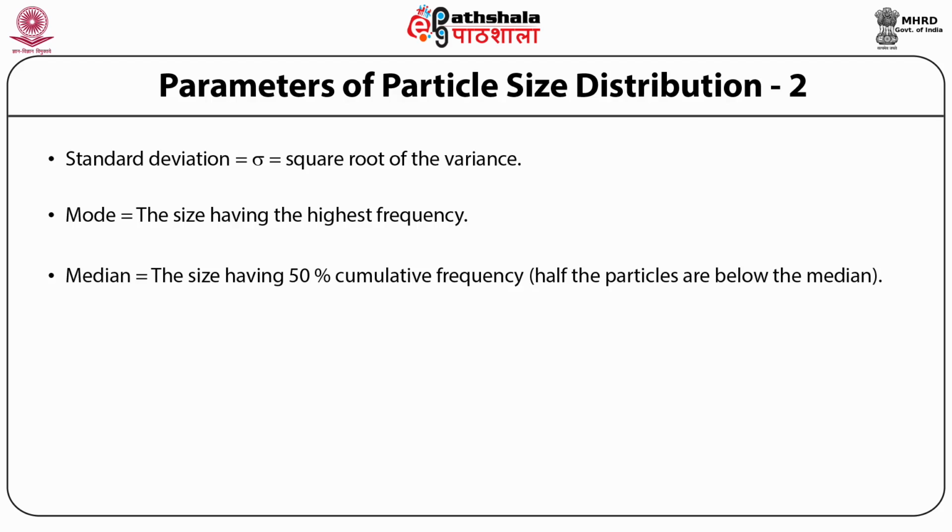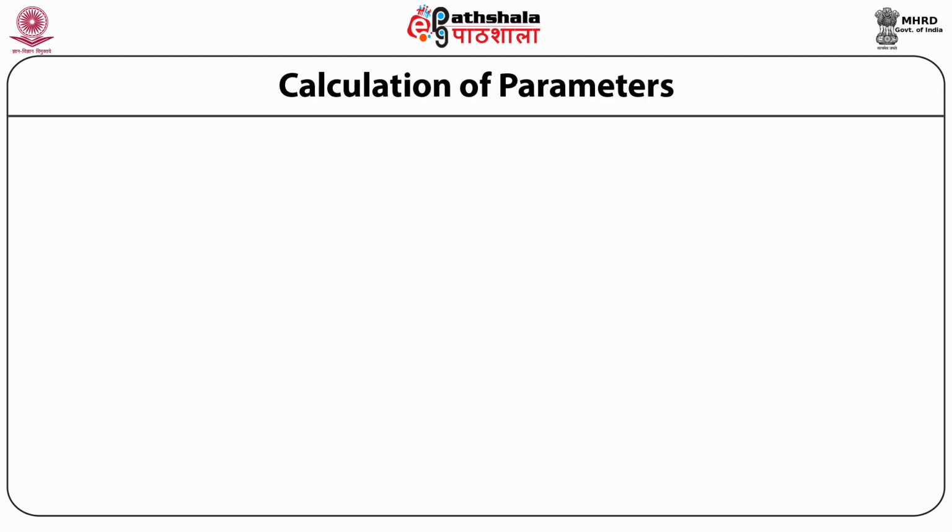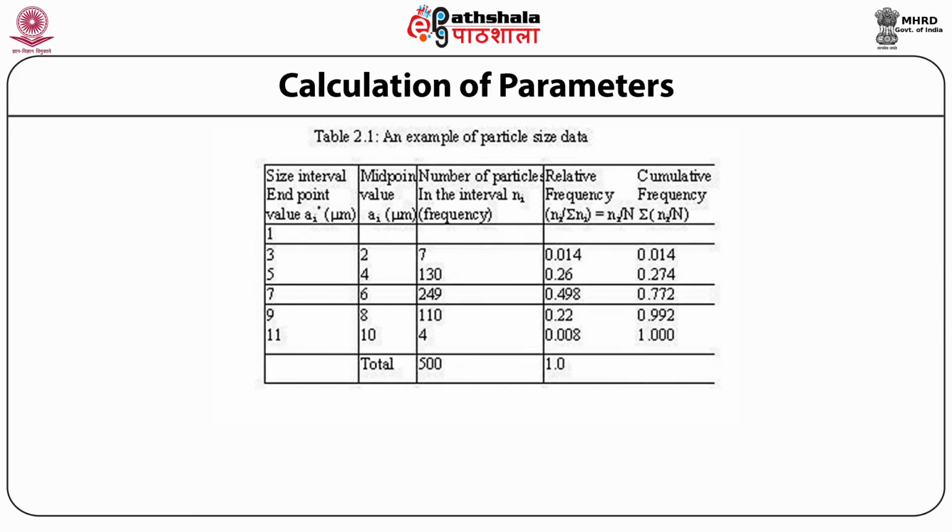As an illustration, the values of mu and sigma square for the data in table 2.1 are calculated in the next slide. But before moving to that, the standard deviation will also be defined, which is given as sigma and is the square root of the variance. Now calculating the parameters of particle size distribution using table 2.1.